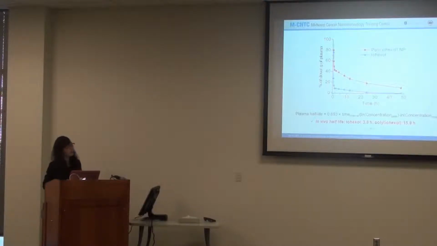Here, I indicate the small molecules are around 4 hours, and the polymeric nanoparticles are as long as 16 hours, almost fourfold that of the small molecules. In this case, we also use another study to demonstrate our hypothesis, the elongated circulation of the contrast agent in the blood.